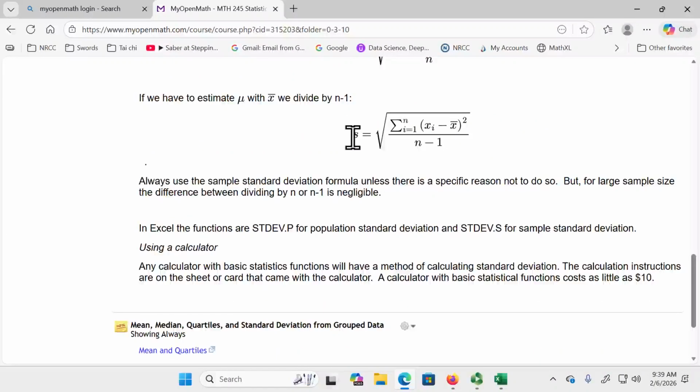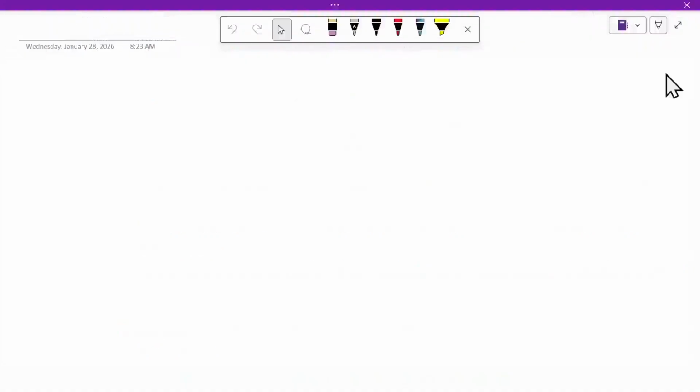That brings us to relative position. Relative position, and this is using the average and the standard deviation. Here's an average, and this is written X bar. The sample average is called X bar.